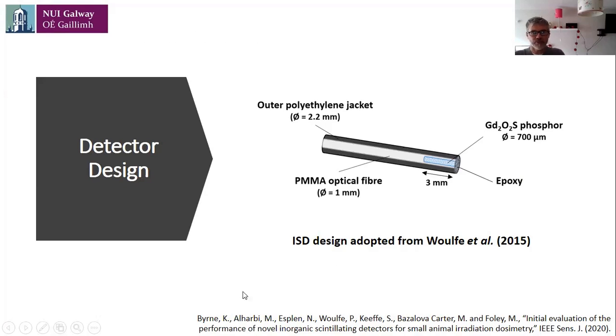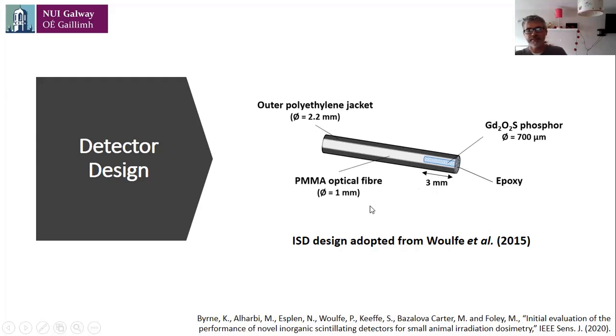This is slightly different to the setup we use in small animal irradiations like the SARRP system we mentioned earlier. This is a paper published this year in the IEEE Sensors Journal. Here you see the design is slightly different in that we have the same diameter well, a 700 micron diameter well, but we shrunk the depth to 3 millimeters, considering that we might minimize the dose perturbations created by having this dosimeter in the beam.